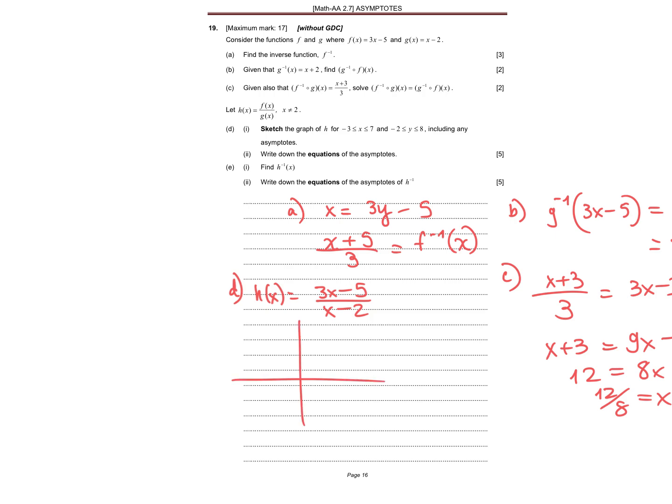So we're going to have vertical asymptote at 2, horizontal at 3, and we're going to have y-intercept at when x is 0, that's positive 5/2, right there. And x-intercept when the numerator is equal to 0, it's 5/3, so 1.4-ish. So it's looking like this.